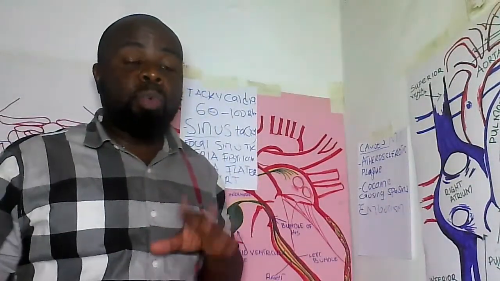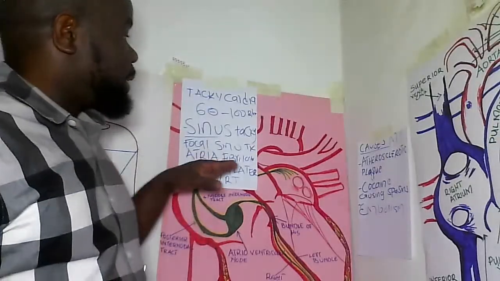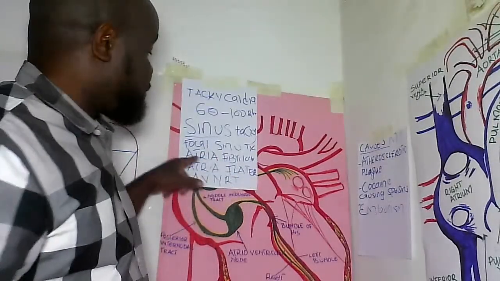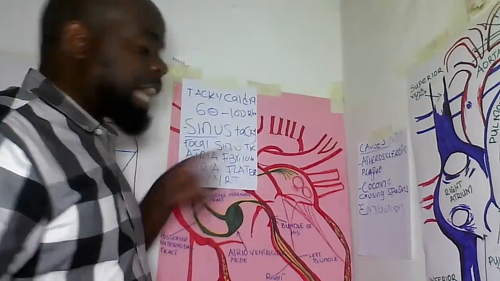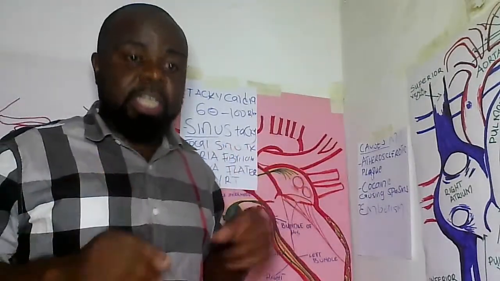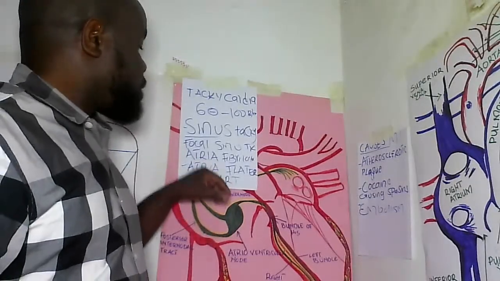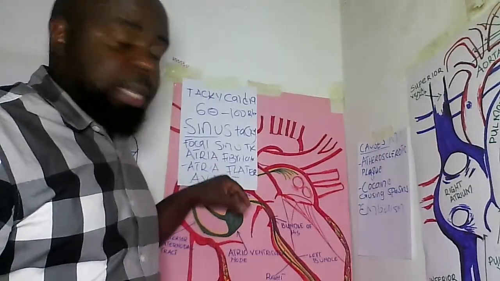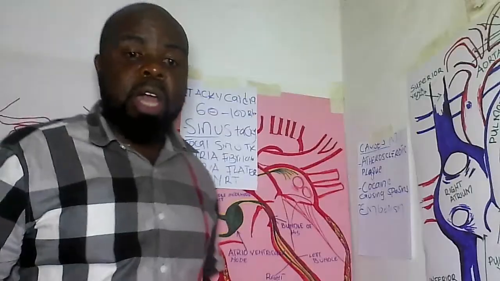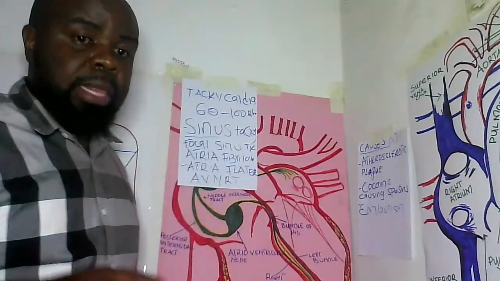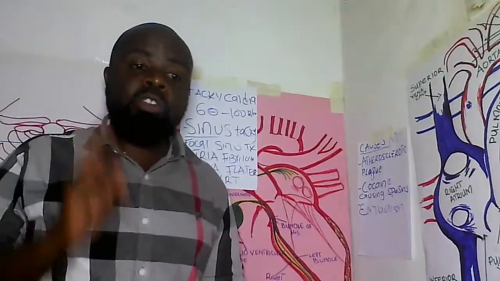We have said we have sinus tachycardia, focal sinus tachycardia, atrial fibrillation. We have atrial flutter, where it is just vibrating and not contracting. Then we have atrioventricular nodal re-entry tachycardia, and atrioventricular re-entry tachycardia.